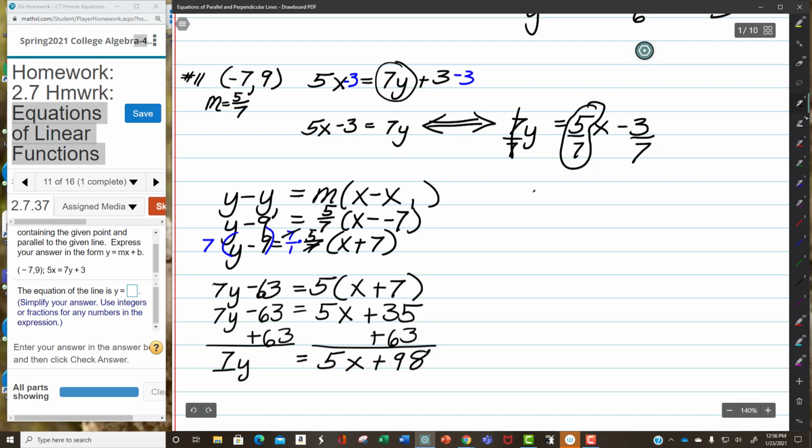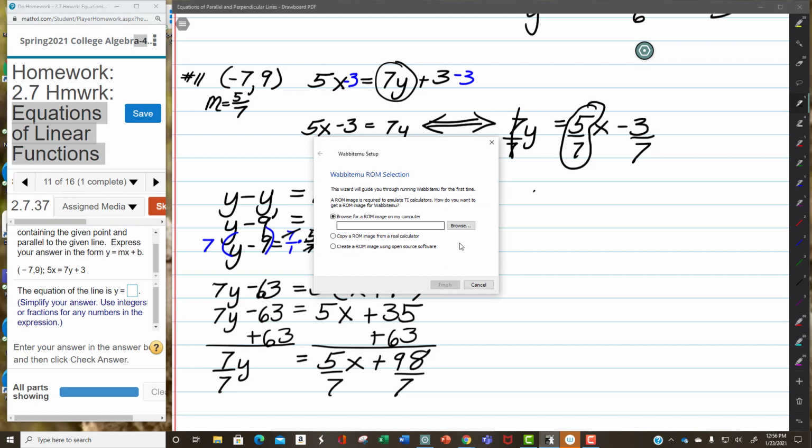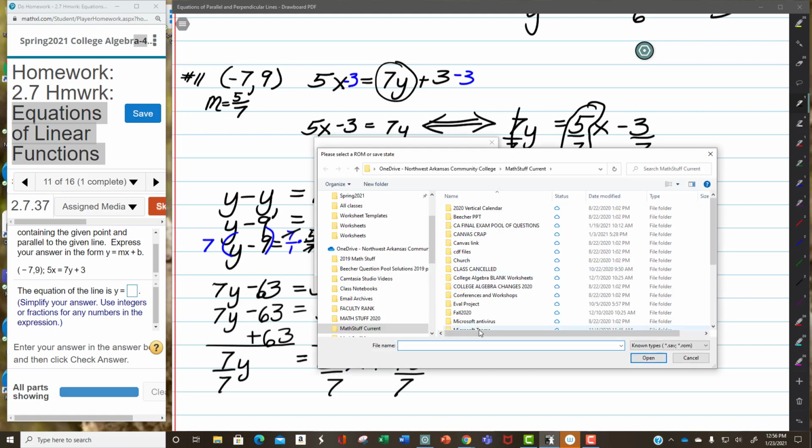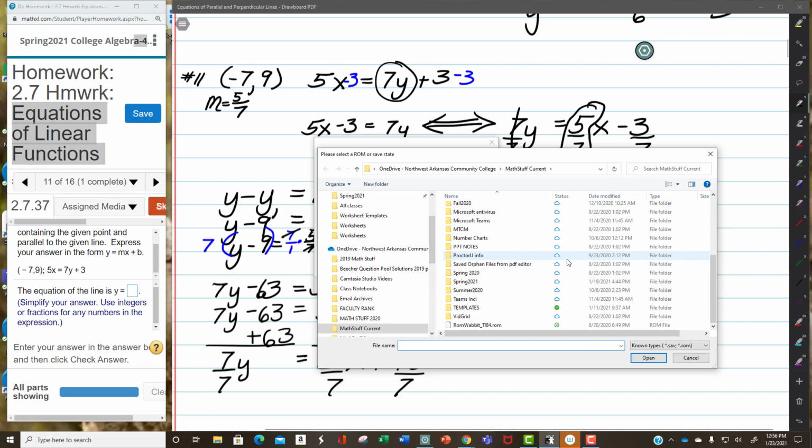Now I'll divide by 7 and divide by 7 and divide by 7, and I'll get my Wabbit Emu calculator out. Oh, heck. All right, looking for my ROM. There it is.